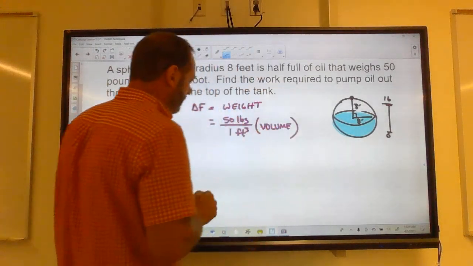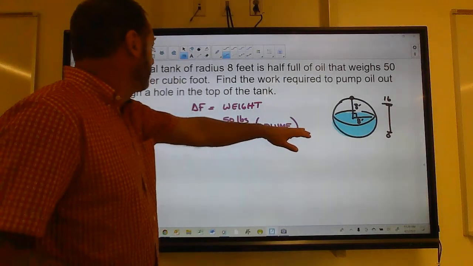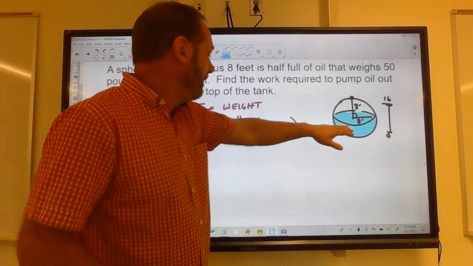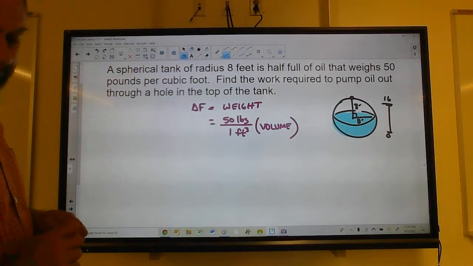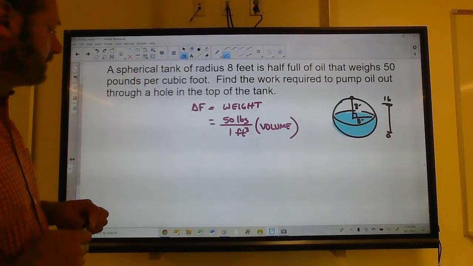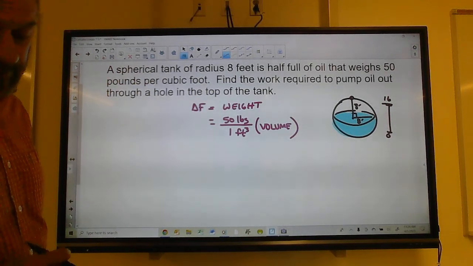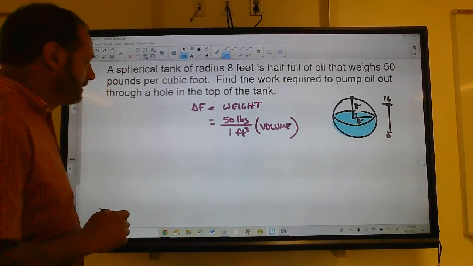So that's the weight of the oil that we have to move. Okay, so it's 50 pounds per cubic foot, and so we have to figure out how much the weight is. Okay, so we've got to figure out the volume. So let's see.